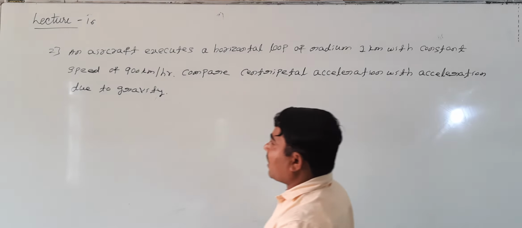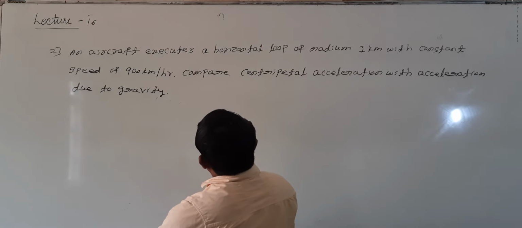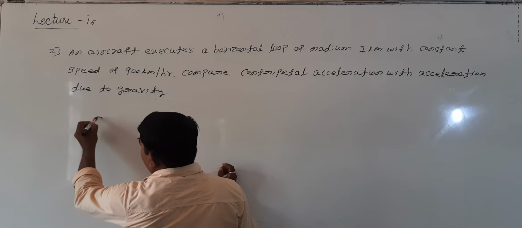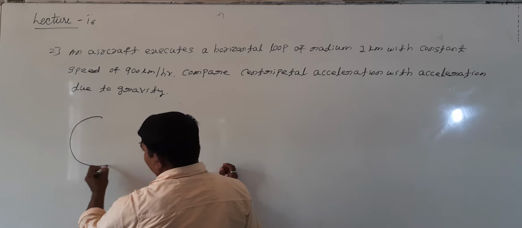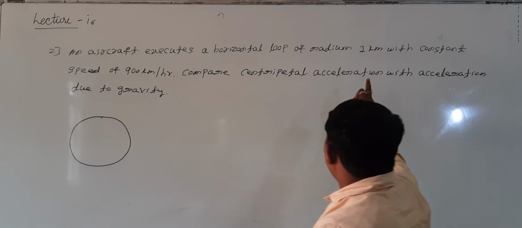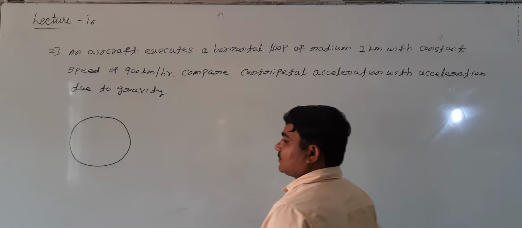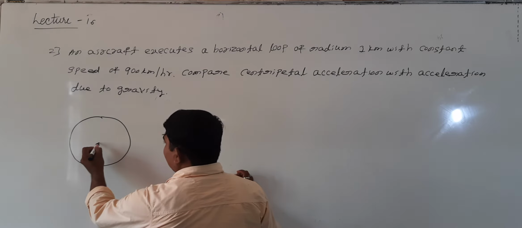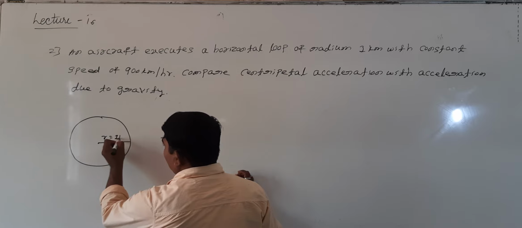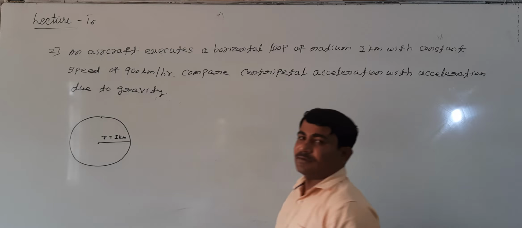An aircraft executes a horizontal loop. This is a horizontal loop with 1 kilometer radius. This is the center of the loop and this is nothing but the radius, 1 kilometer.